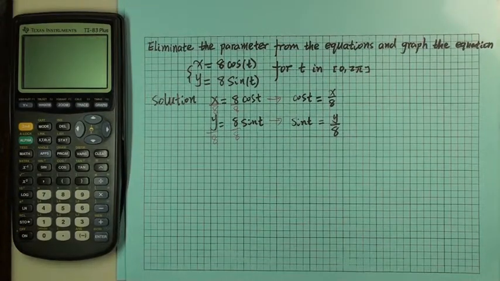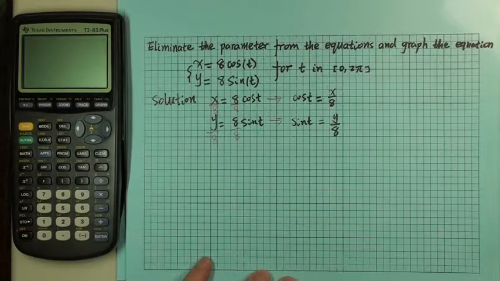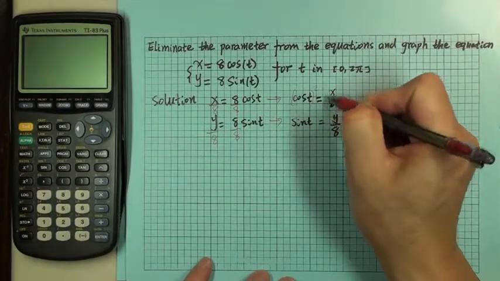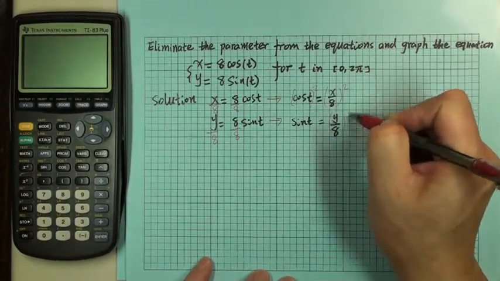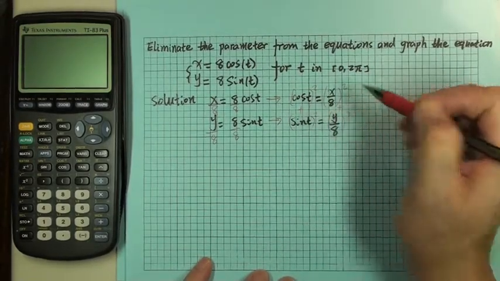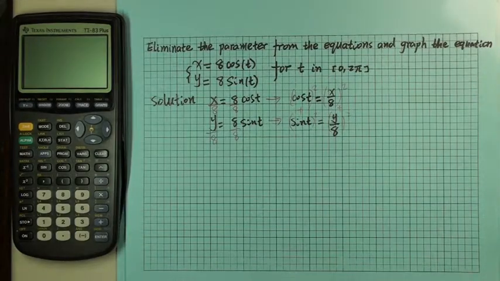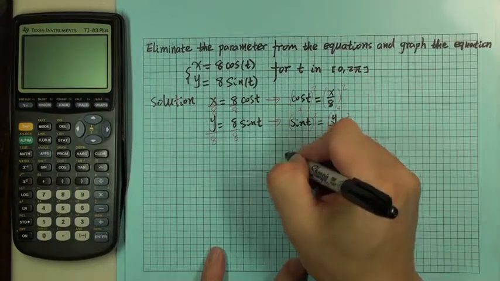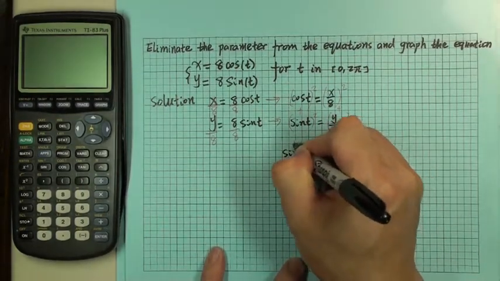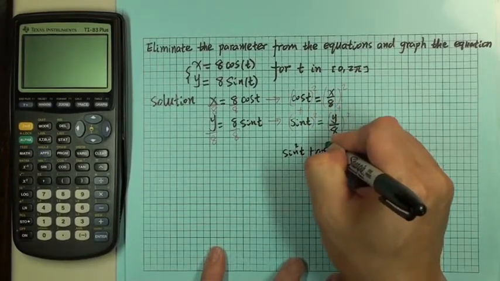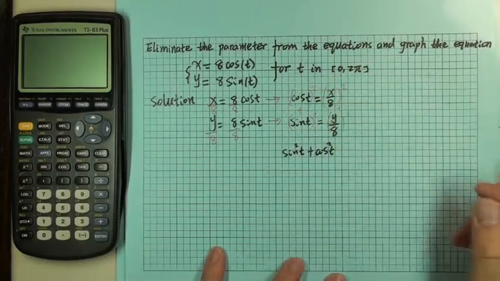Now what we want to do is both sides squared, and then if you add, what do we get? We then have sine t squared plus cosine t squared on the left.